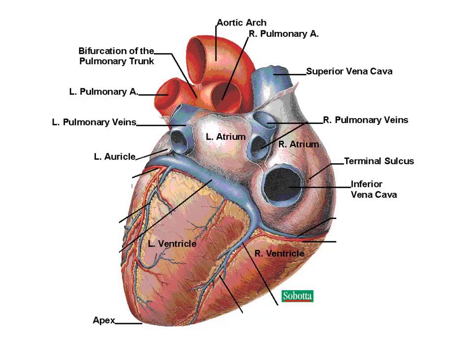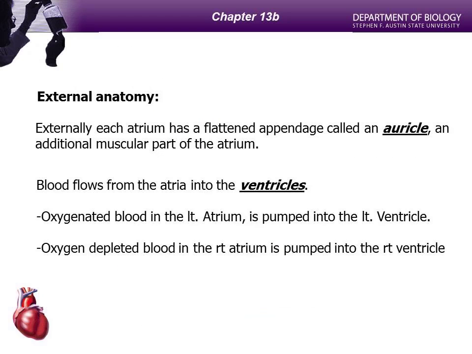So here we've already talked about the auricle. And so now we're going to look at the ventricles and what happens. Oxygenated blood in the left atrium is going to be pumped, we'll loosely say that, into the left ventricle, and oxygen-depleted blood in the right atrium is going to be pumped into the right ventricle.